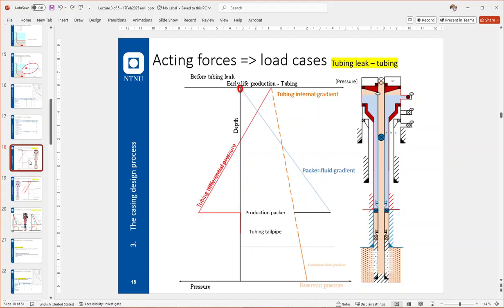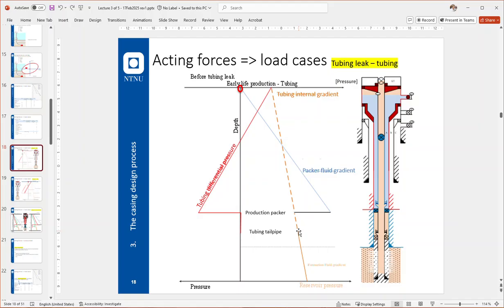All right, what we see will be the graphs of the different acting pressures. We see the reservoir pressure down to the right in gold, and it goes up. Then as it hits our tubing tailpipe, the part that goes into the liner, it becomes stapled.